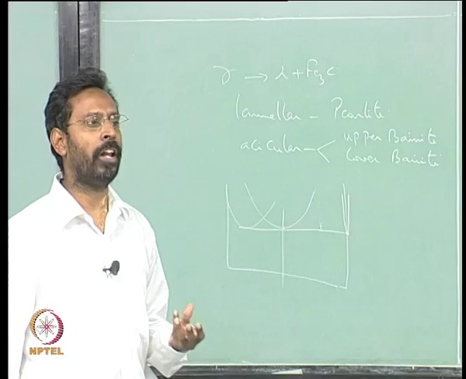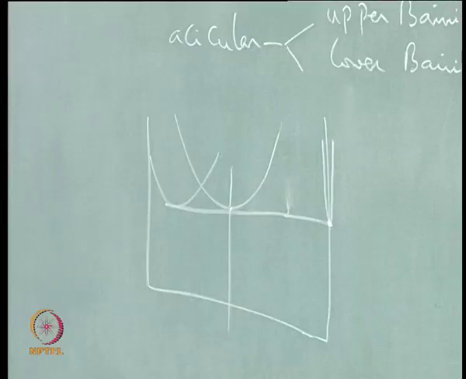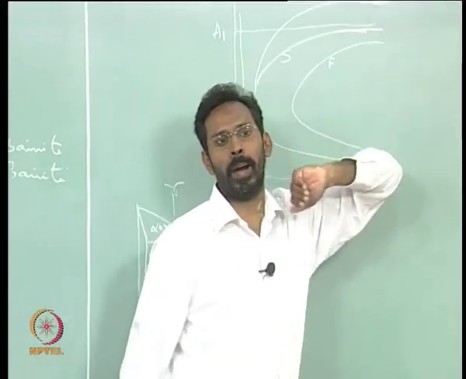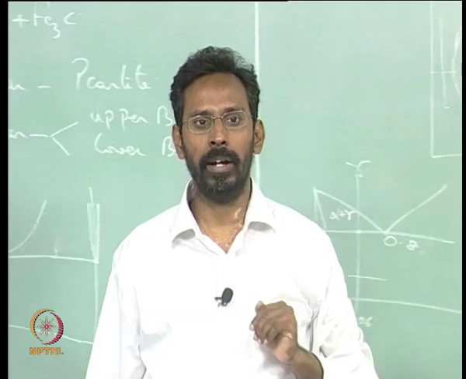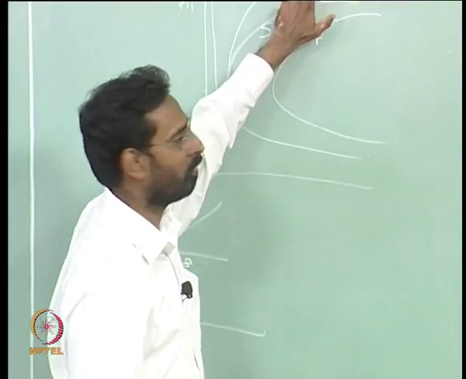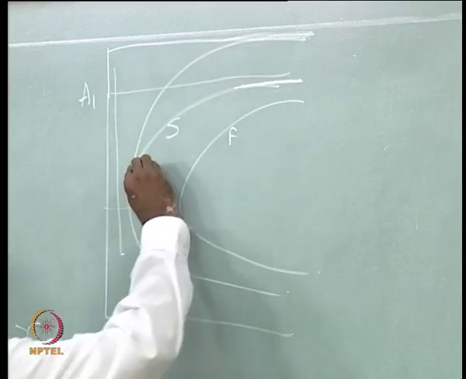So, once there is no driving force, obviously the activation barrier is infinite. In principle there is no transformation possible, and that is indicated by the TTT diagram going parallel to the transformation temperature. This is true for this or this particular line which we have drawn.